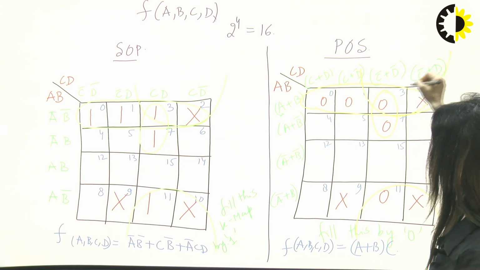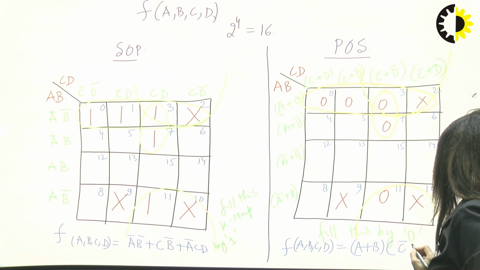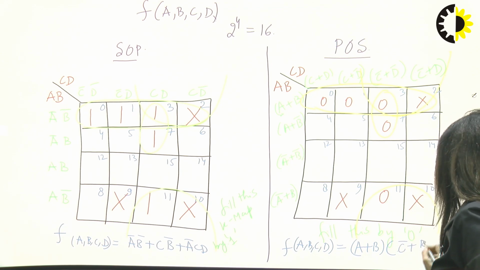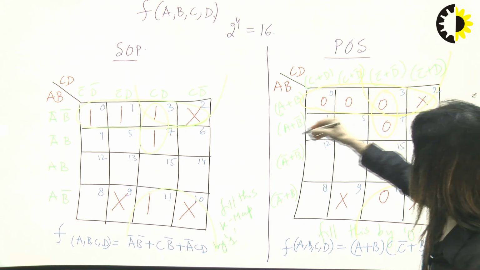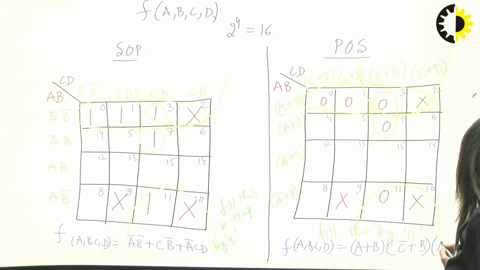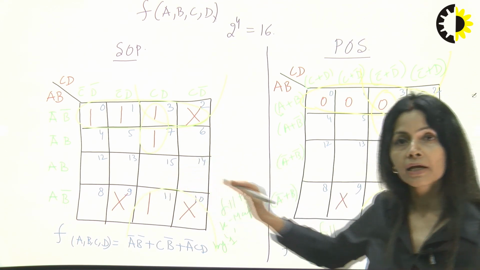Here C bar is common and B is common, so C bar plus B. For this pair, I can see C bar plus D bar and A is common. So I have solved the problem for both SOP and POS.